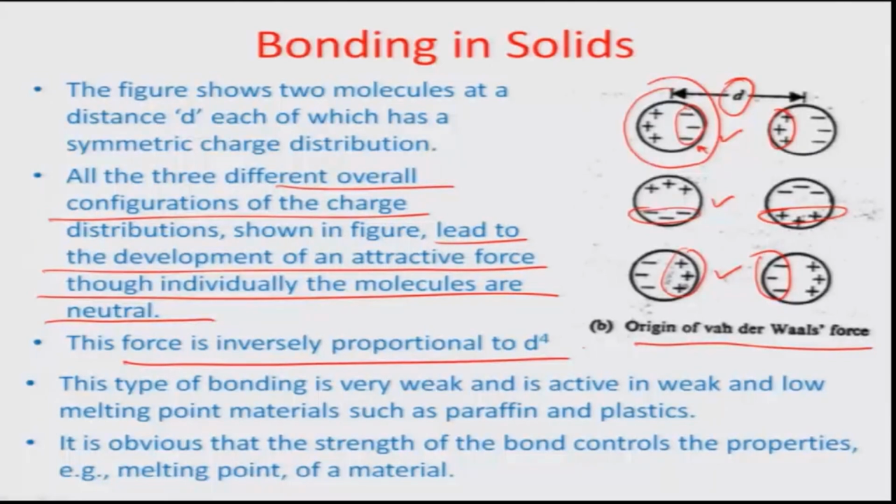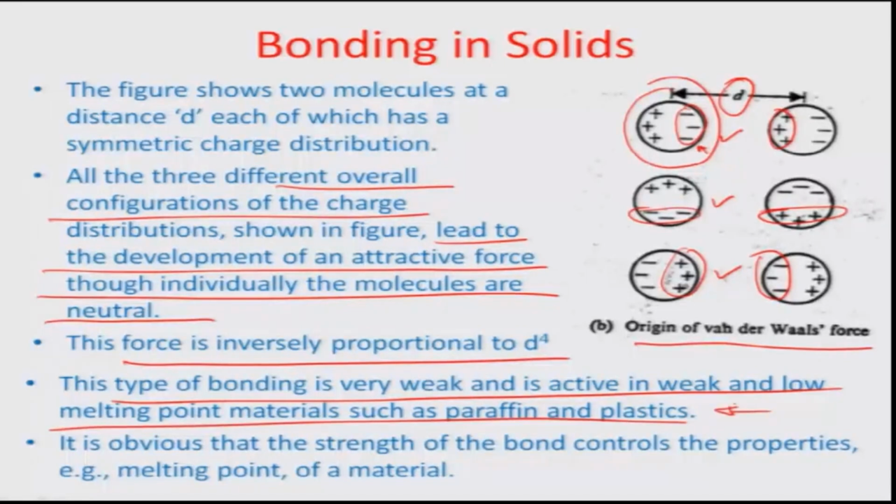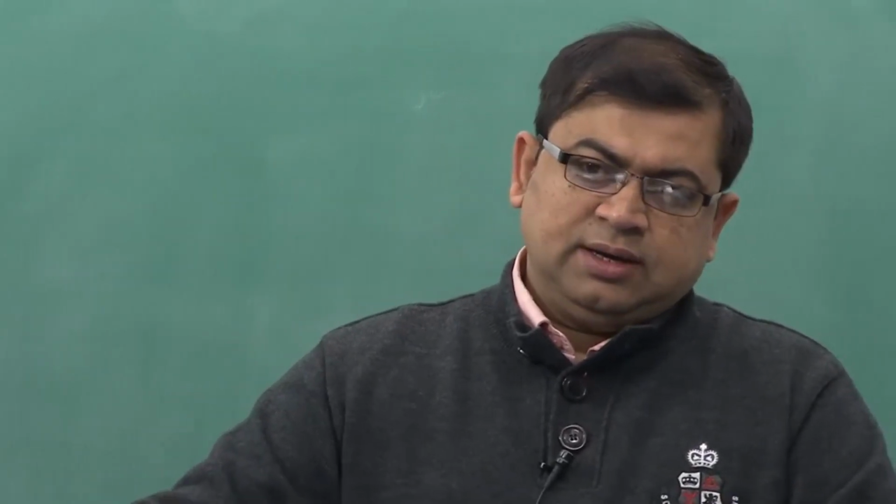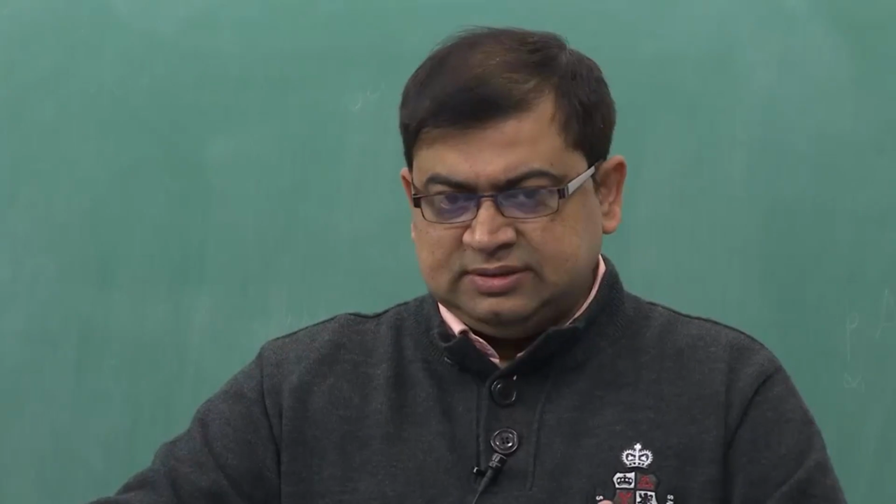Okay. And so, this type of bonding is very weak, and it is active in weak and low melting point materials, and this can be something like, let us say, paraffin wax or plastics, or these kinds of materials where generally you find the melting point to be quite low. And one of the reasons is that vis-a-vis the metallic bonding system, which is much stronger, in this case the bonding forces vary as inversely proportional to the distance to the power of 4.